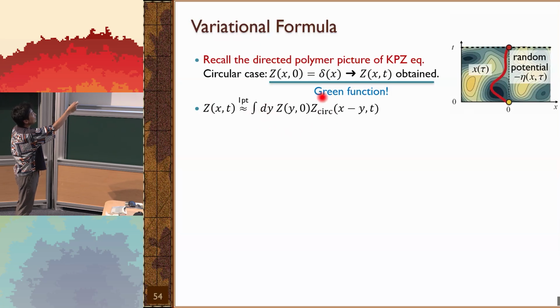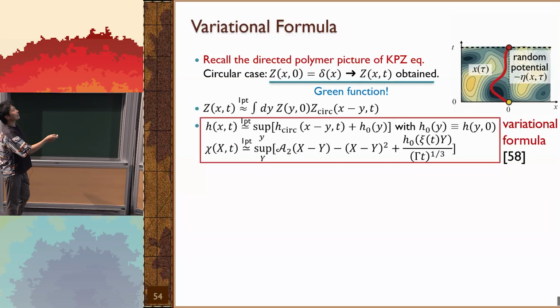But of course, here we neglect the fact that it has a disordered random potential in it. And this random potential is not correctly treated when I describe this kind of thing. So actually, this equality is valid only for the one-point quantity, like the distribution function.